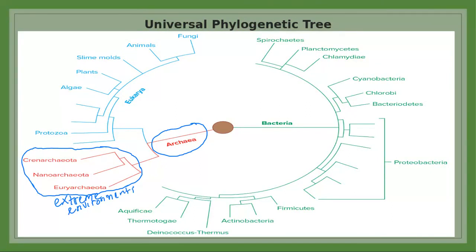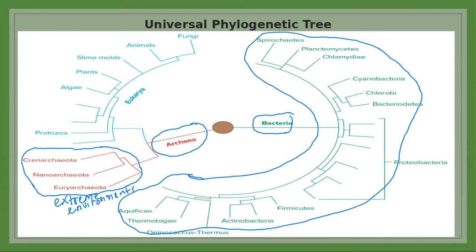And then the second group will be bacteria, which consists of these phyla. So many of them, some of them free living, some of them causing disease or pathogenic. And this is the first domain, this is the second domain, and this is the third domain.